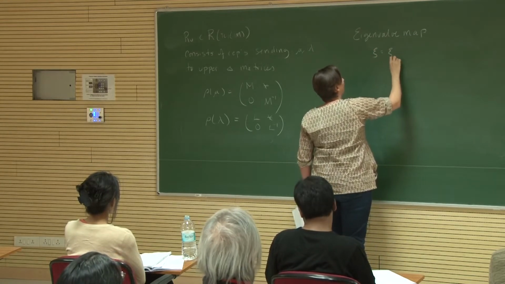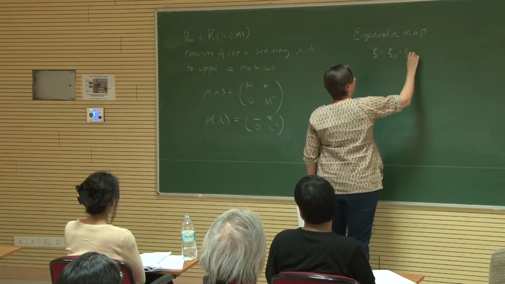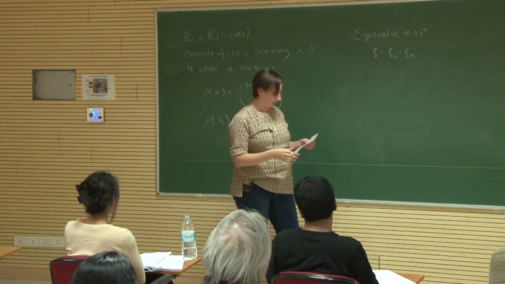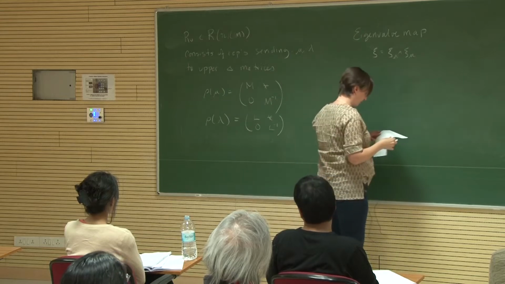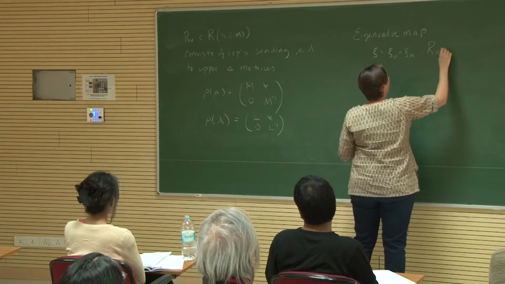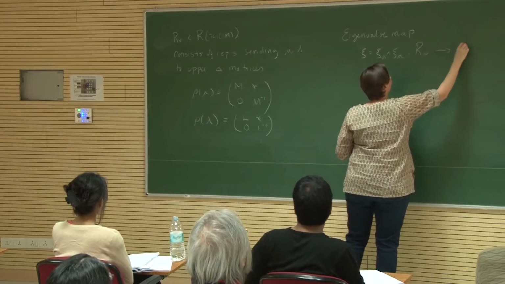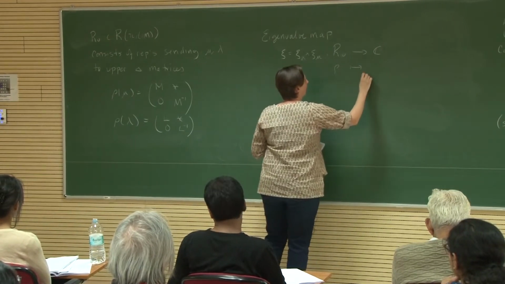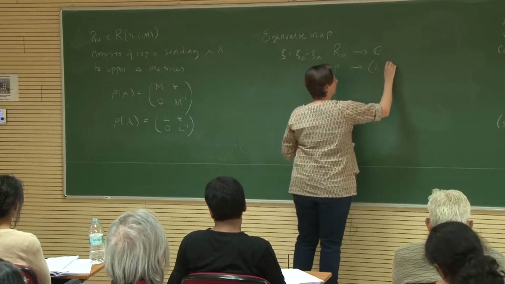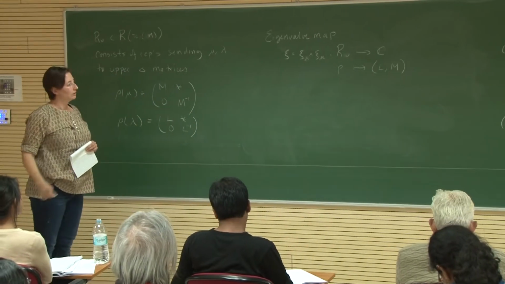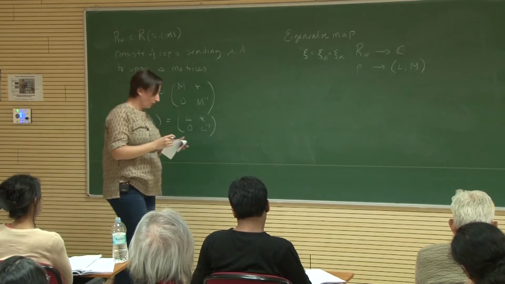L comes before M. And for a representation, I'm just going to read off the eigenvalues. Okay, so let me say this right. So this is going to go from R_U to C. And I'm going to take a representation rho, and it's going to spit out what the longitude and meridian are.